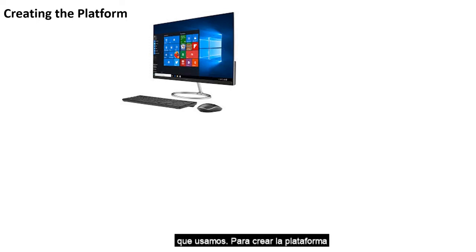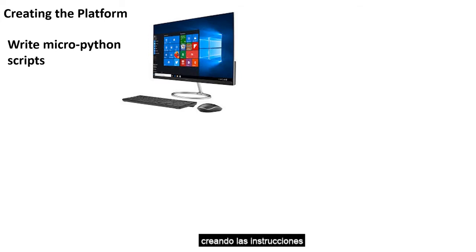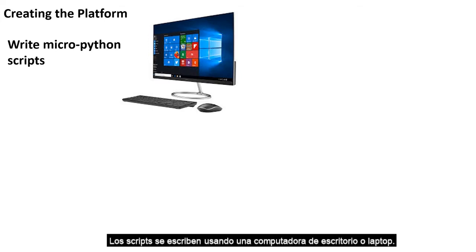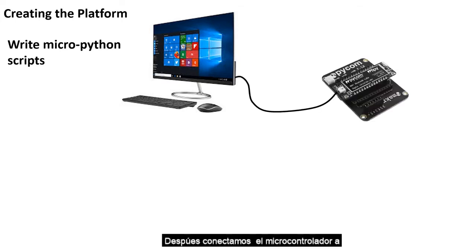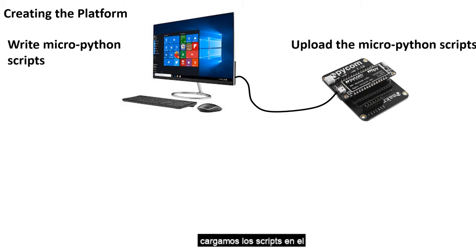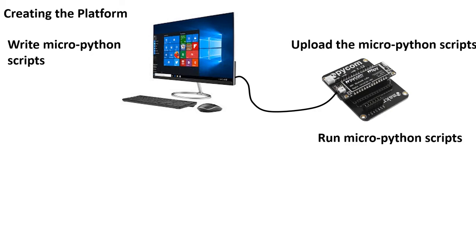To create the IoT platform on an IoT processing unit, we start by creating the instructions in the form of a MicroPython script. The scripts are written using a regular PC or laptop. We then connect the microcontroller to the computer using a cable, such as a micro USB cable, after which we upload the scripts to the microcontroller and start running the scripts.